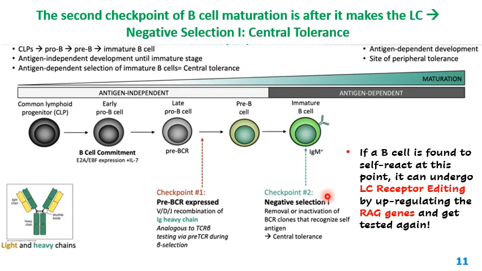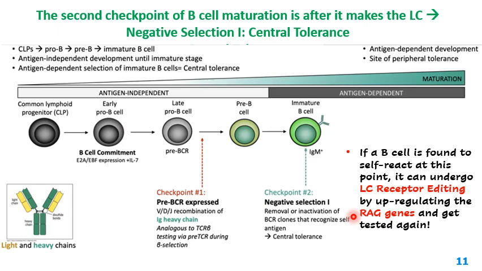Okay? And this is when something gets interesting, because at this point, on your second checkpoint, if you have a B cell that reacts with self, the B cell tries to save itself, and it goes through this light chain receptor editing process. This I had not mentioned before. So what is this cell going to do?